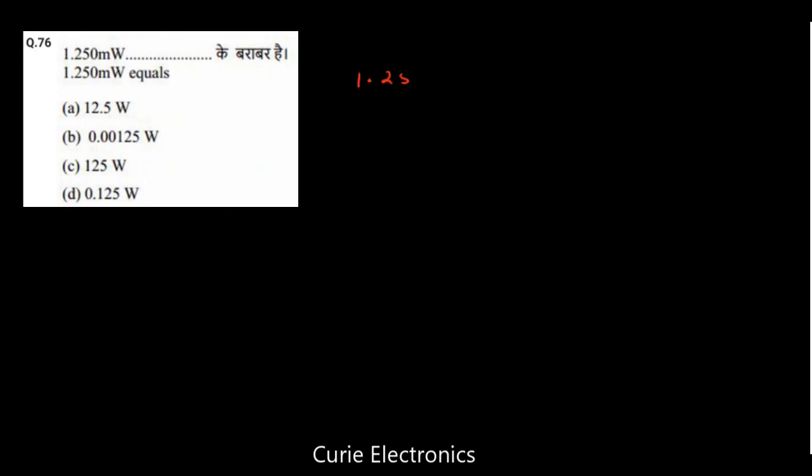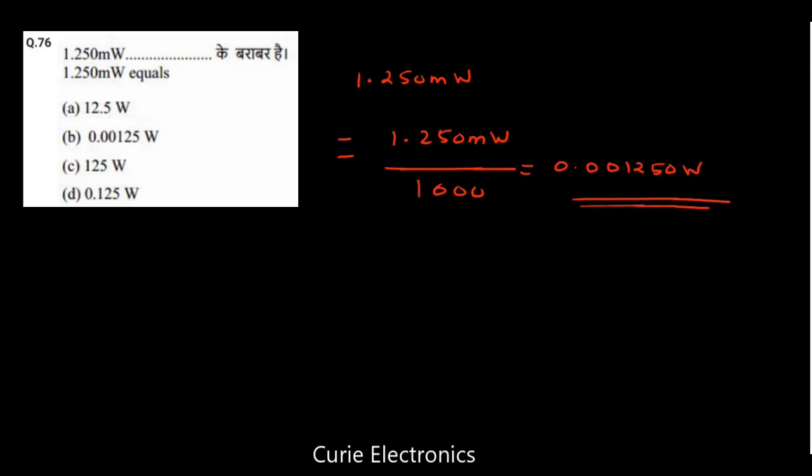1.250 milliwatt equals. If you want to write it in watt, what will you do? You have to divide it by 1000. Then we can write it in watt. 1.250 milliwatt, if you want to write it in watt, you divide by 1000, so 0.00125 watt.